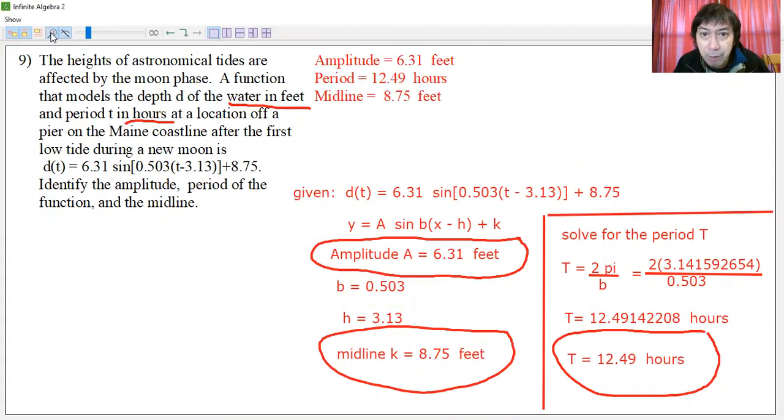All right, we have here 6.31 feet for the amplitude. Period is 12.49 hours. So these are both correct. And the midline is 8.75 feet, okay? Yeah, so as I was saying, it's so easy to get the amplitude and midline from the given equation, okay? So you only need to memorize the formula for the period.